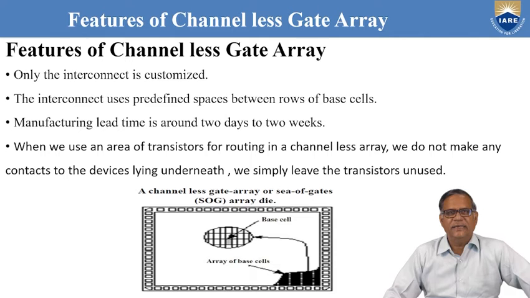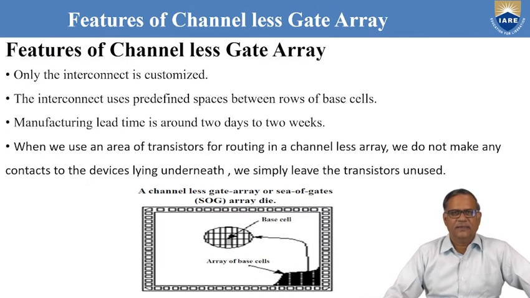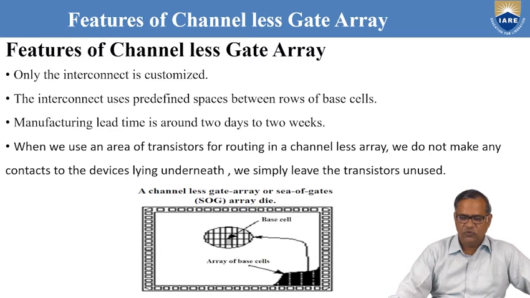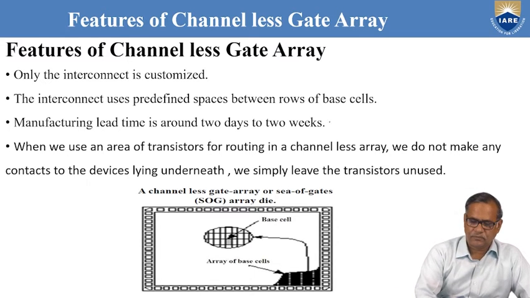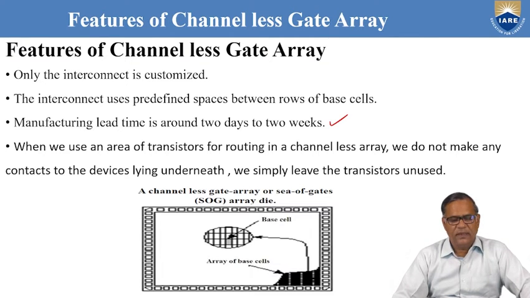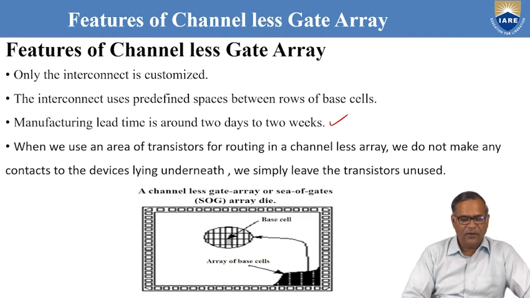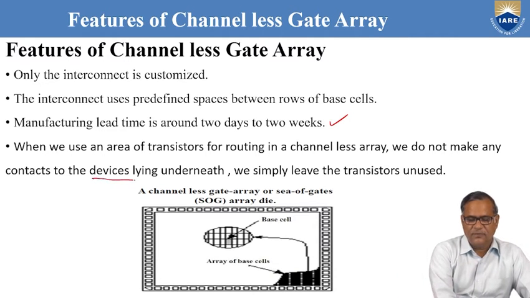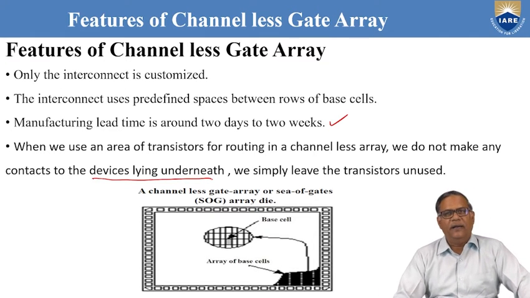So in channelless gate array, the interconnect is customized, and the interconnect uses predefined spaces between rows of base cells. The manufacturing lead time is around 2 days to 2 weeks. And when we use the area of transistors for routing in a channelless array, as I have mentioned just now, we do not make any contacts to the devices which lie underneath.